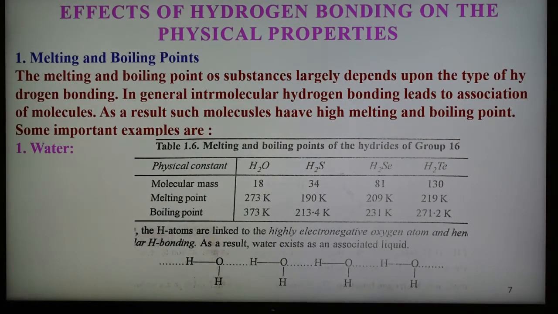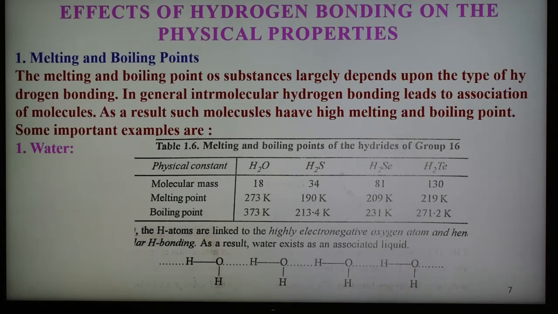Because of this, water is a liquid. In the case of sulfur and the other elements of this group, they are not only less electronegative than oxygen but also bigger in size than oxygen, and because of this H2S, H2Se, H2Te do not form hydrogen bonds, hence exist as discrete molecules.